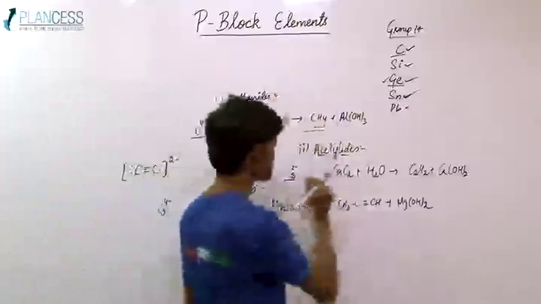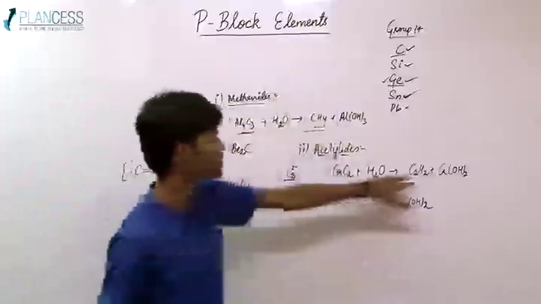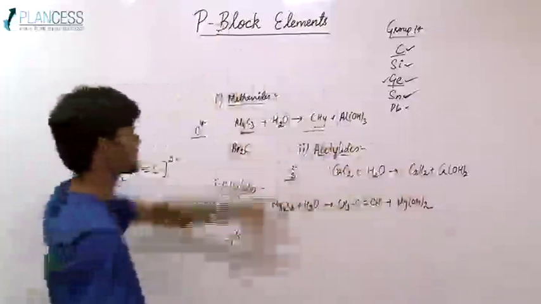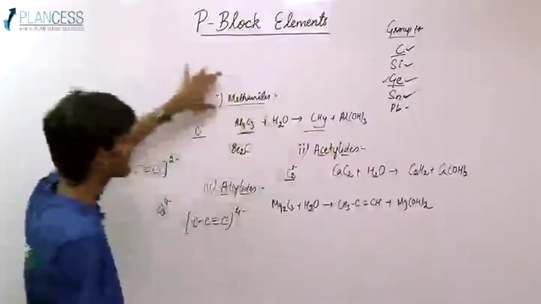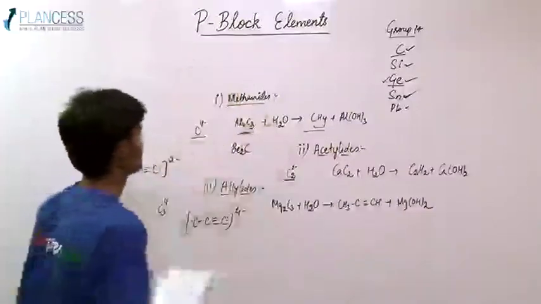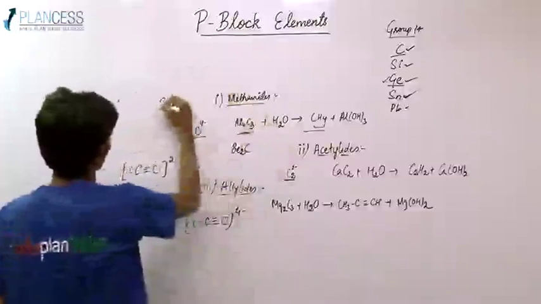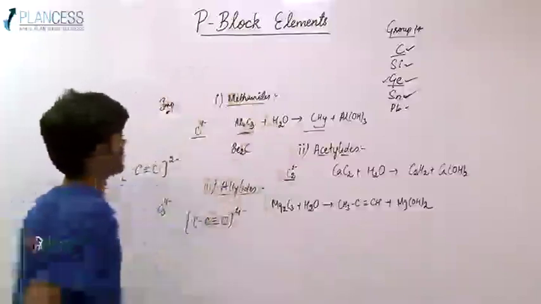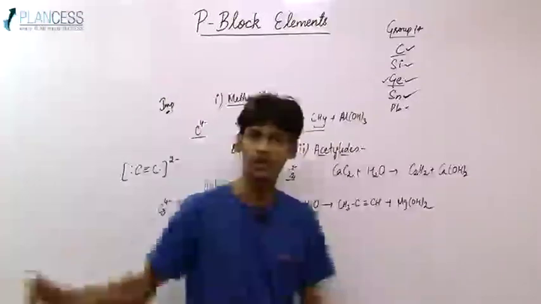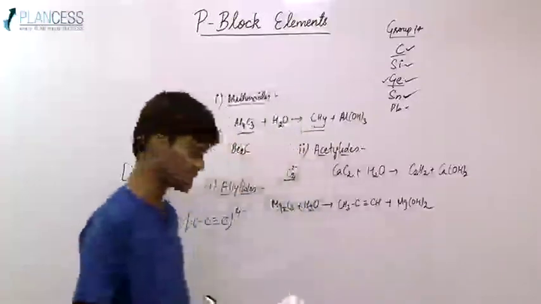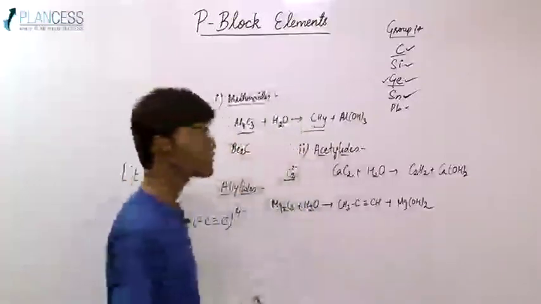Based on these anions and their hydrolysis products, the ionic carbides are further differentiated into 3: methanides, acetylides and allylides. And it is important because it is an important topic as far as all the board exams and other competitive exams are concerned. So next would be covalent carbides.